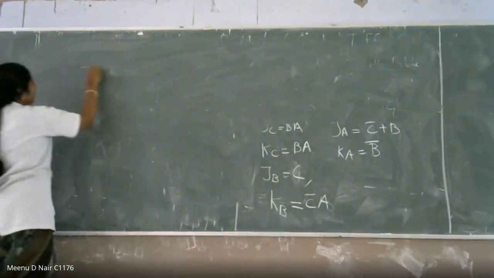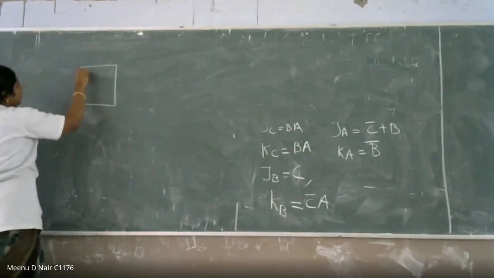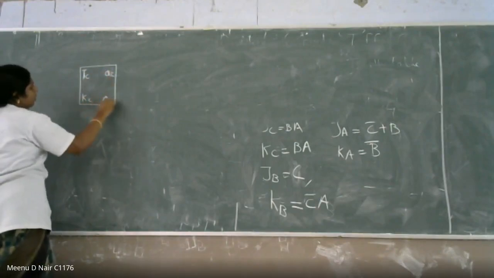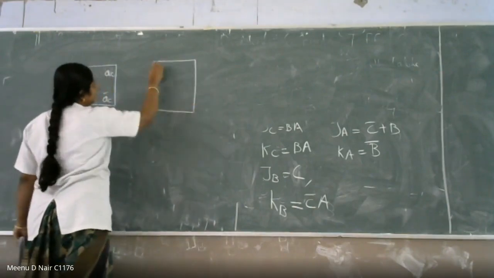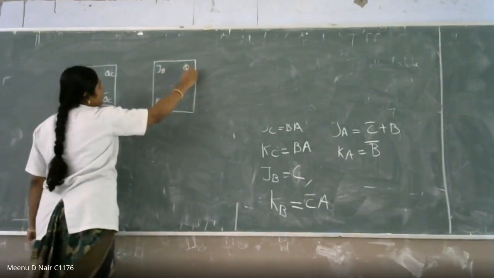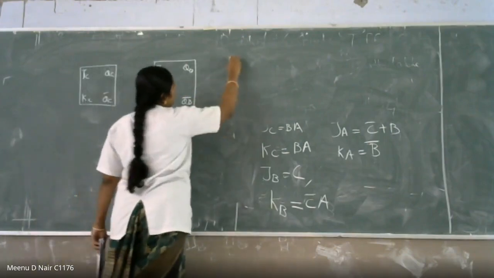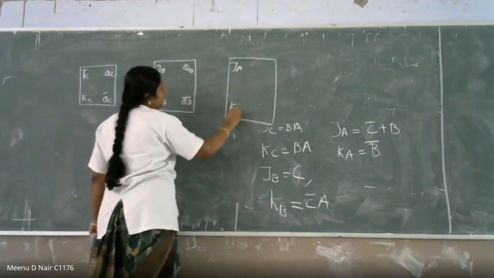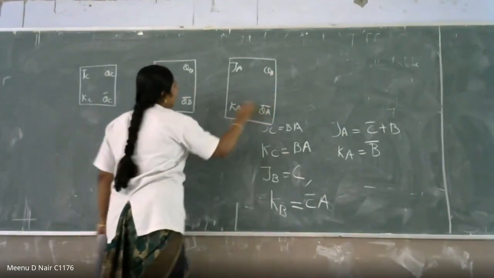So you have three flip-flops: JC, KC, QC, QC bar; JB, KB, QB, QB bar; and the last one is JA, KA, QA, QA bar.